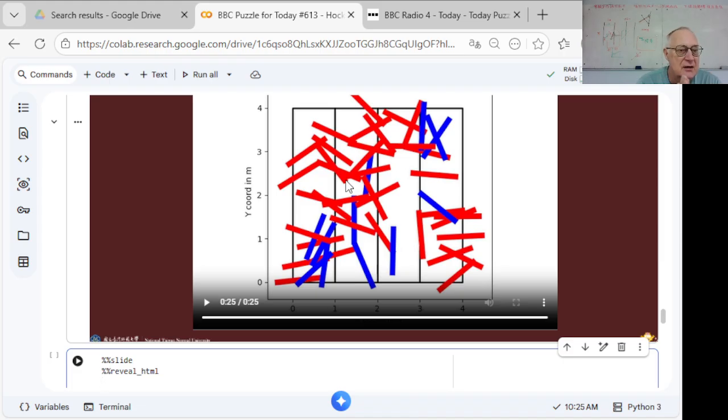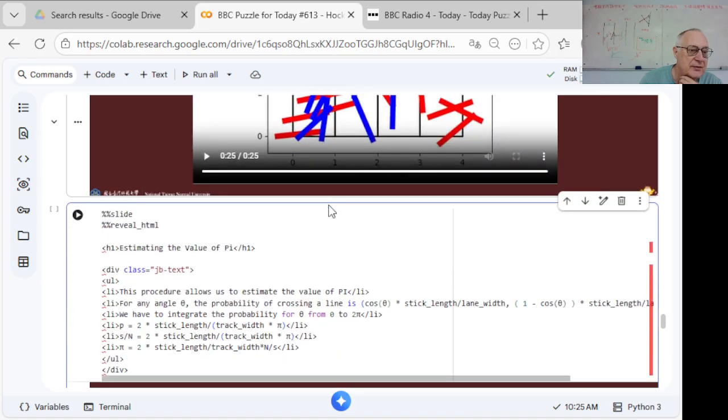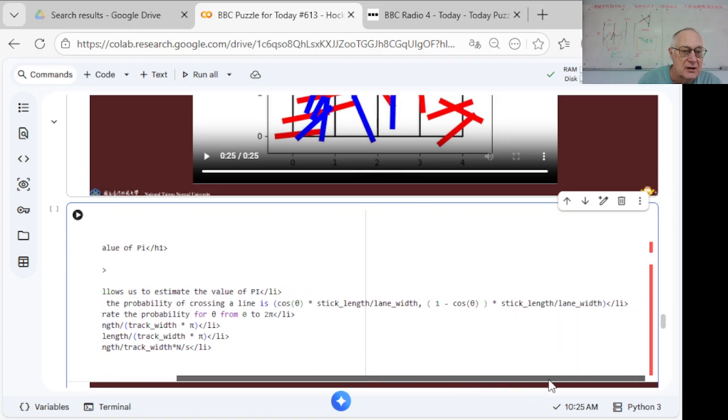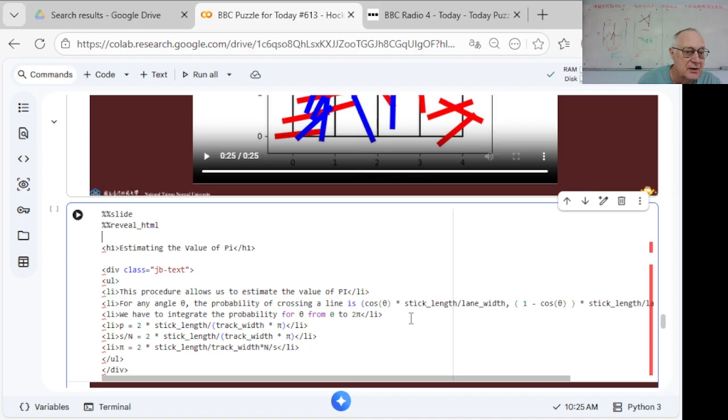We can see that the track numbers don't really matter, but we also realize that the stick will cross the line if the x-coordinate is within the range of the cosine of the angle multiplied by the stick length and the lane width, and 1 minus the cosine, if that's bigger than the x-coordinate.